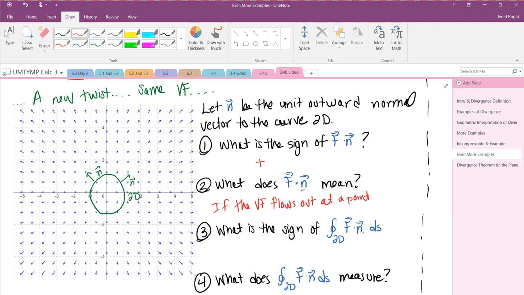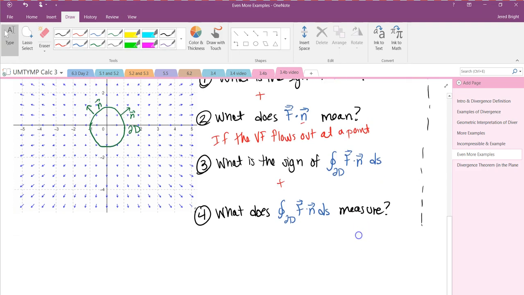And again, I think it's positive, mainly because, well, maybe I shouldn't spoil the party bit here, but when we look at this line integral, what it's measuring is total flow across the boundary.